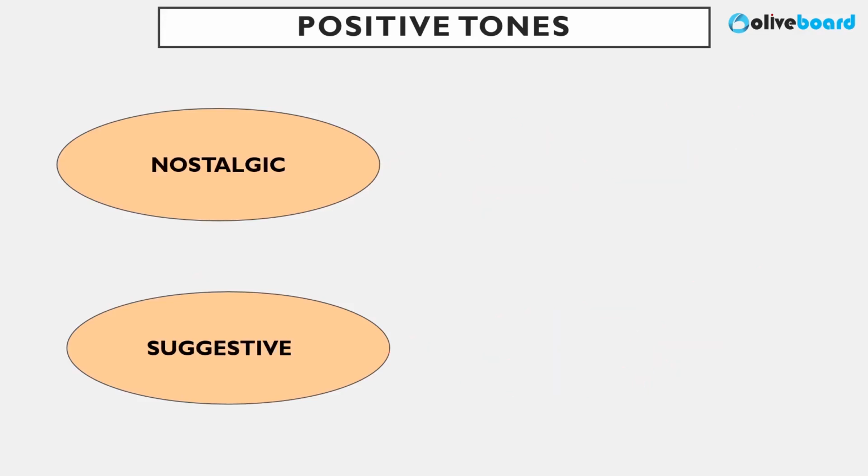Next one, nostalgic. When we say nostalgic, it is relating or mentioning the past. So when the subject is about the past, or when the writer mentions the past, then the tone is nostalgic.